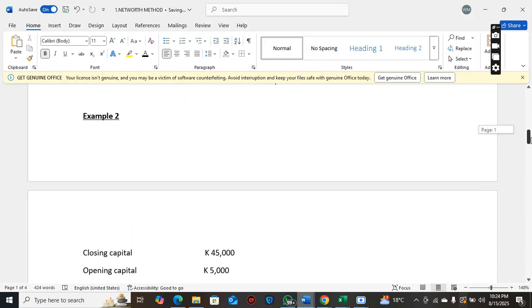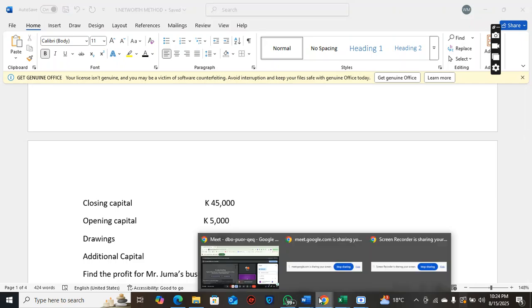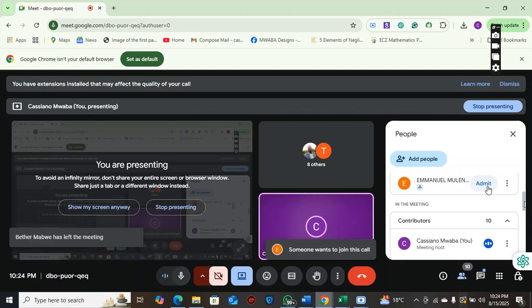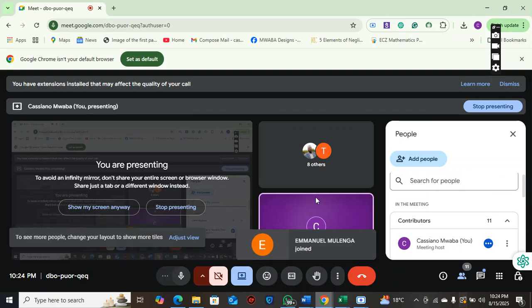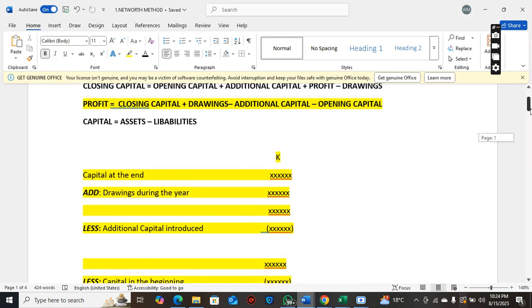Now, colleagues, the questions in the exam won't come as easy as this. You will need to tabulate your opening capital and your closing capital. That's where a statement of affairs comes in. The statement of affairs just helps you get your opening capital and your closing capital.